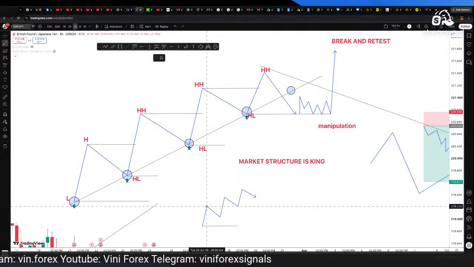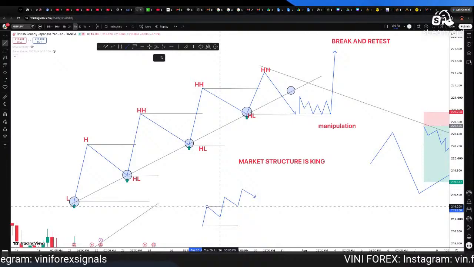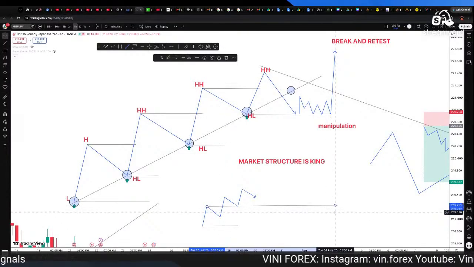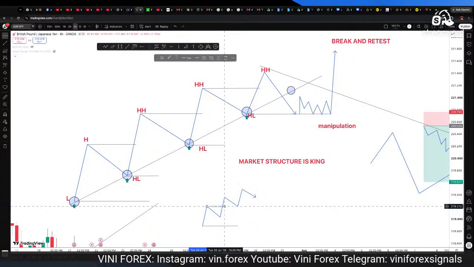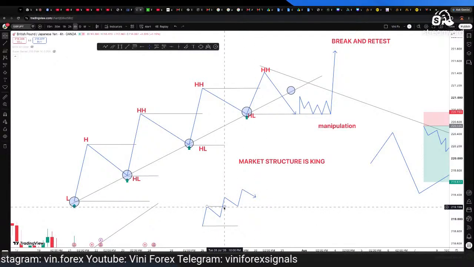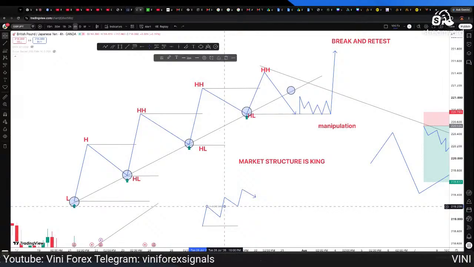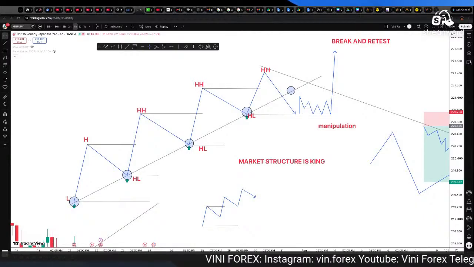Let me use a line to identify the level of that high. Do you see it? Yes, sir.